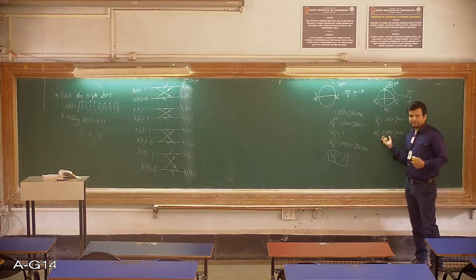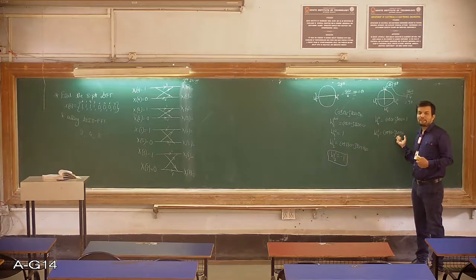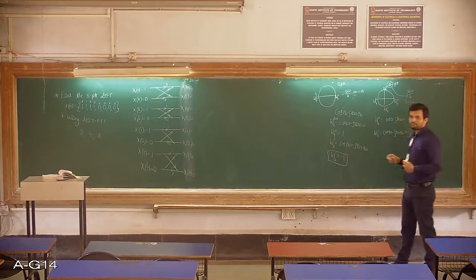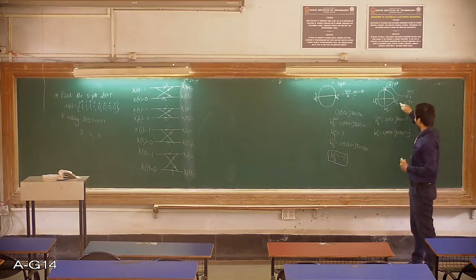Cos 90 is 0, sin 90 is 1. So here we will get minus j.